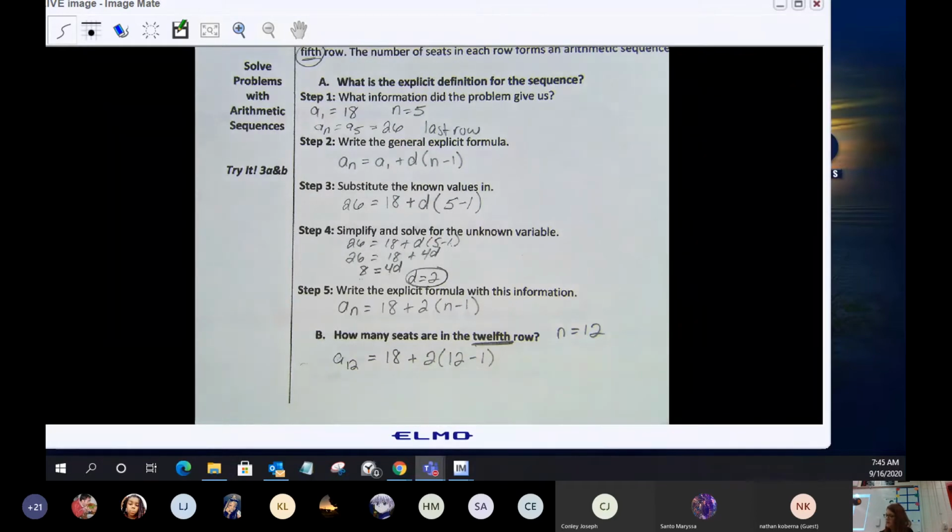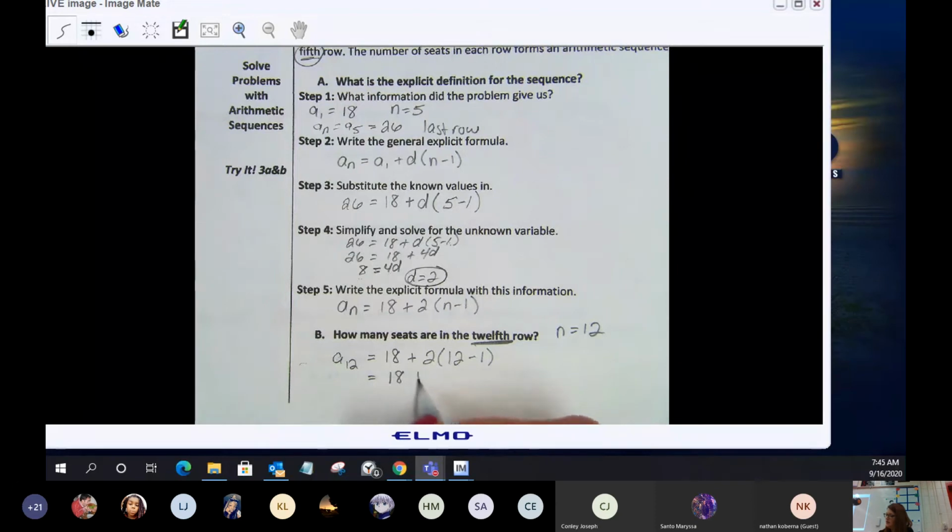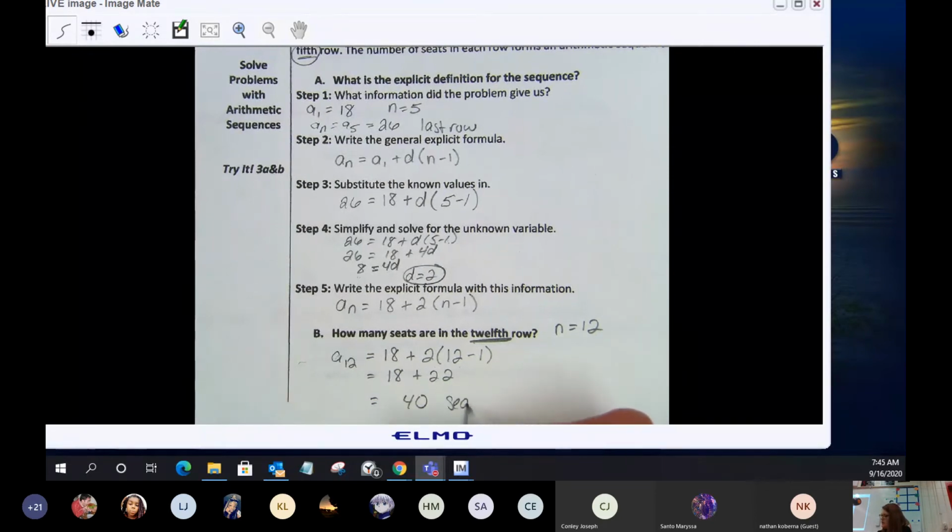And then we just simplify. 18 plus 2 times 12 minus 1, which is 11. 2 times 11 is 22. So we get 40. There are 40 seats in the 12th row.